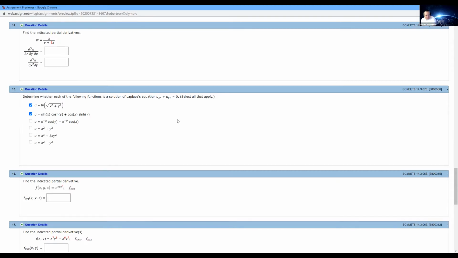X squared plus y squared, isn't it symmetric? Yes. Can you imagine doing a differentiation with respect to x twice? Don't you just get 2? Right, x squared becomes 2x becomes 2. I'm doing it in my head, but you agree? What would the derivative of x squared plus y squared be if you did a double partial derivative with y's?